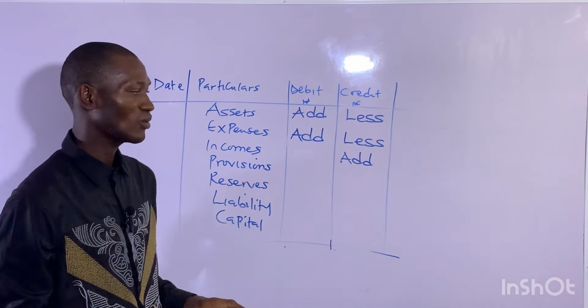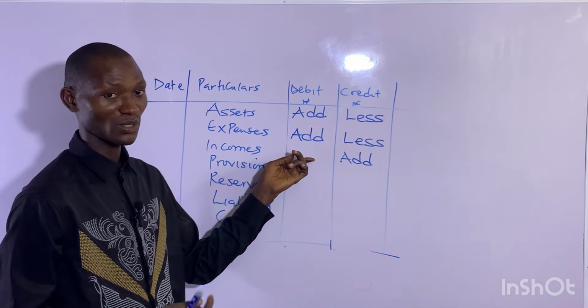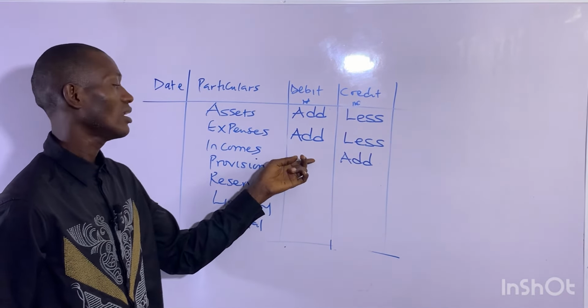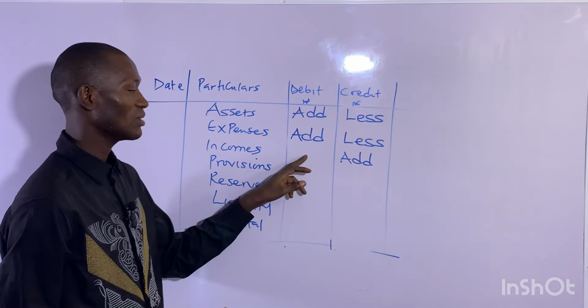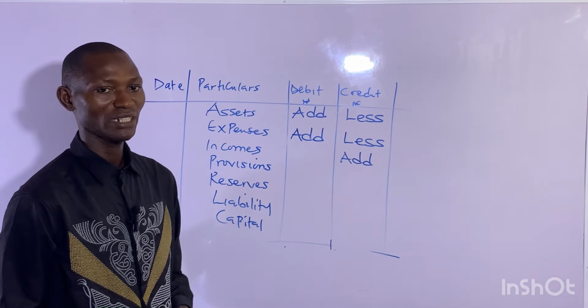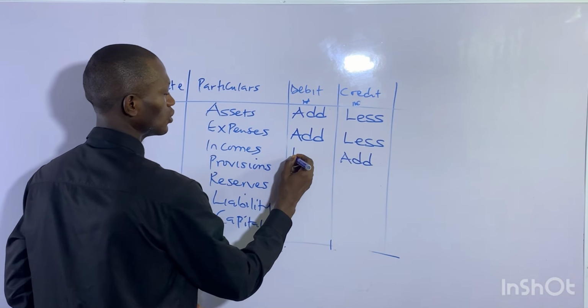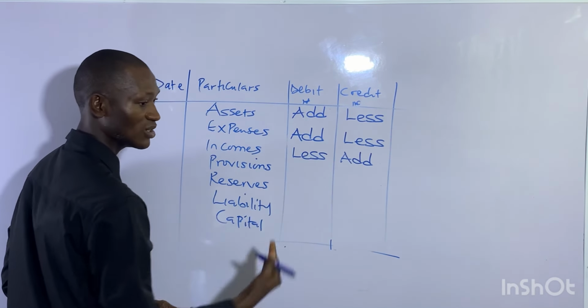But the more you debit a sales account, because sales account is an income account, like we said, the balance in that sales account will be reducing. So if you are debiting an income account, you are lessening it, you are reducing that account.